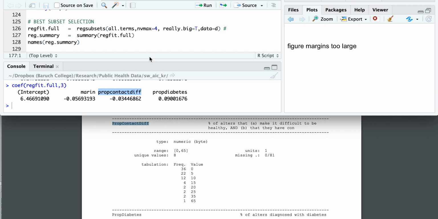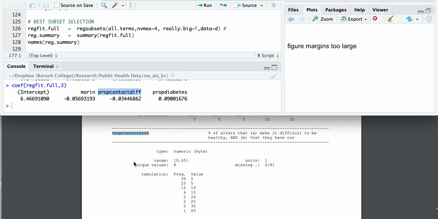So we would think it's the other way around, but maybe this is subjective, right? Those who think they have a lot of people around them who make it difficult to be healthy are more aware, and they do a lot of other things just to counter that. Because they are aware, the sugar in their blood is less.